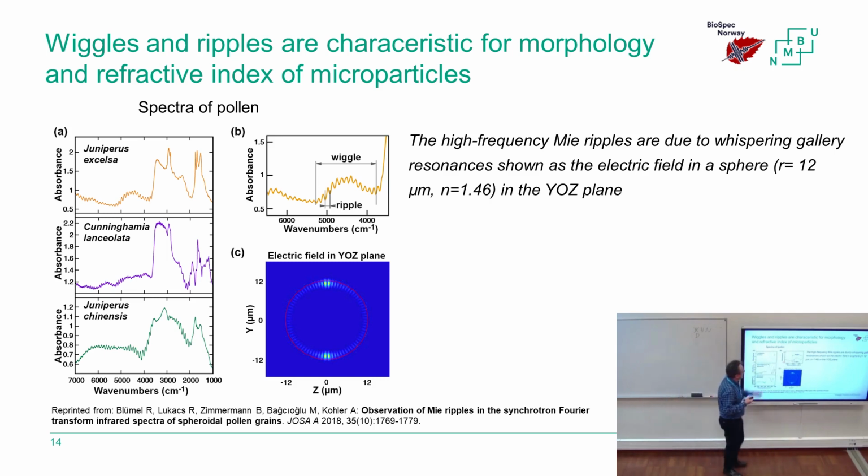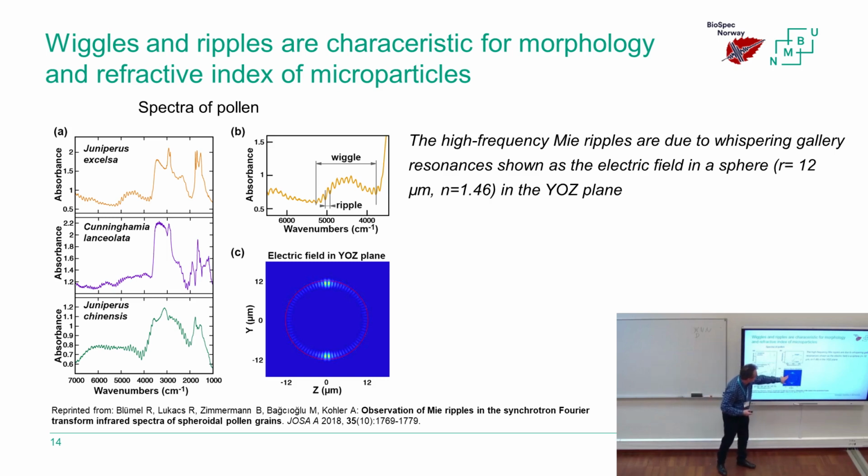One is related to these broader wiggles. These broader wiggles are kind of interference effects, like in a film. But then you also have these very sharp ripples. They're called ripples and wiggles, according to a book from Van de Hulst, which was published about the Mie theory in the 60s. These sharp ripples actually correspond to so-called whispering gallery modes.